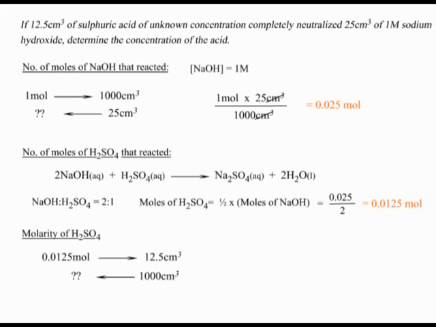We work out 0.0125 moles times 1,000 cubic centimeters over 12.5 cubic centimeters. Cubic centimeters cancel out and we remain with 0.1 mole. Because it is contained in 1,000 cubic centimeters or 1 liter, this is also the molarity, and so the concentration of sulfuric acid is 0.1 molar.